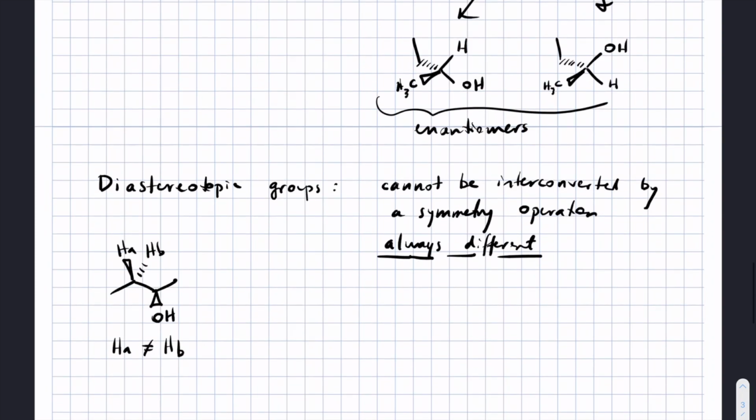And again, with ketones, let's just imagine the following ketone where one of the alpha carbons is a stereocenter. The top face and the bottom face are different. So we'll call these diastereotopic faces.